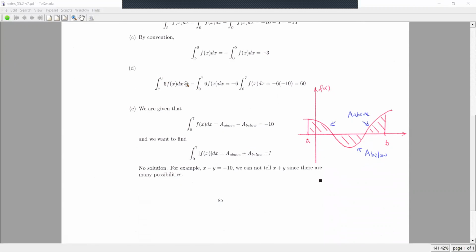Then I get this equation. Now, the constant 6, I move it outside the integral to get this equation. The integral from 0 to 7 is -10, we are given. So the value of this integral is +60.